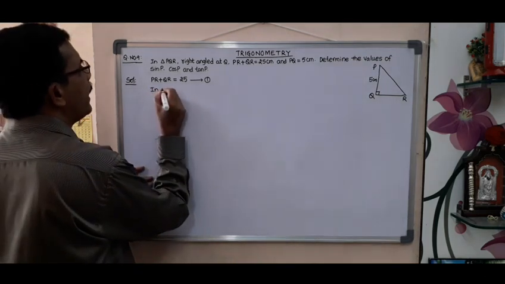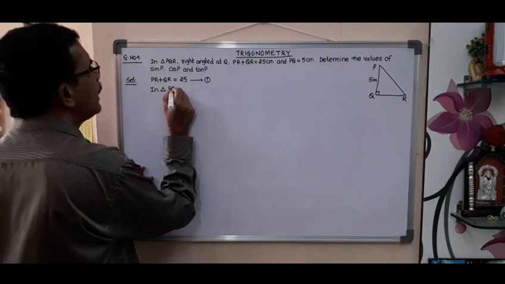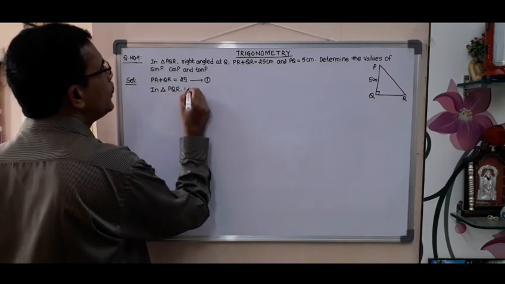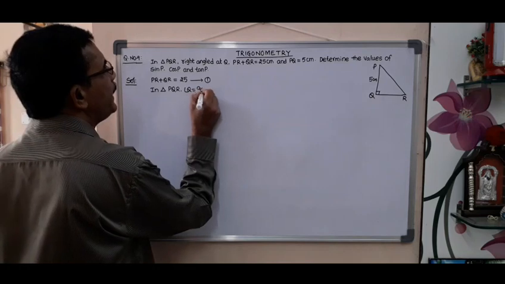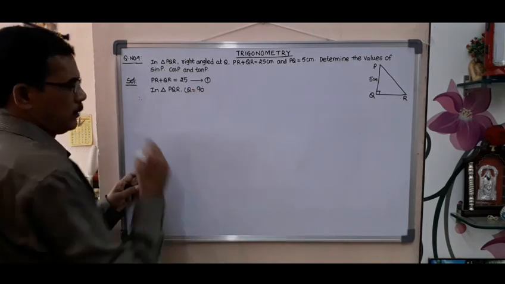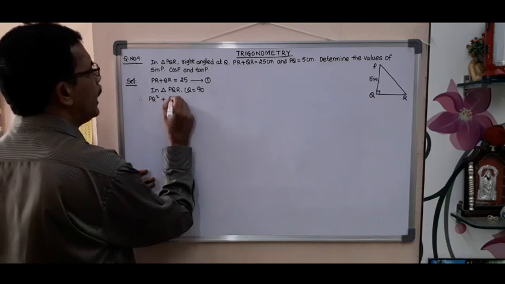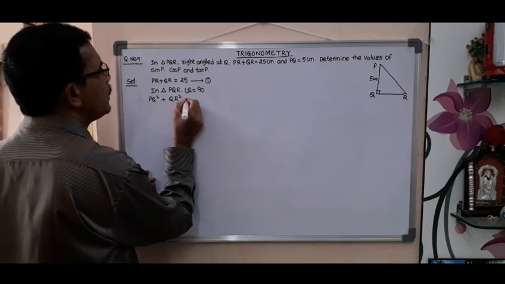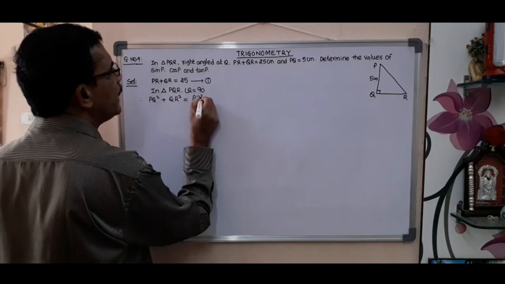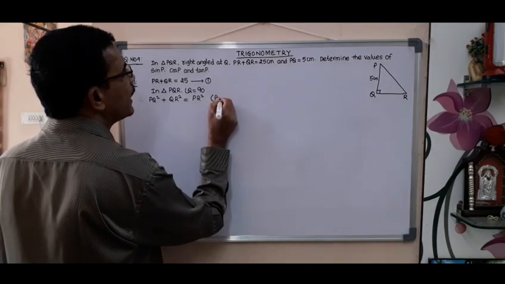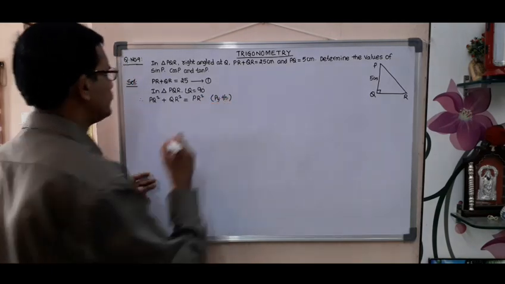In triangle PQR, angle Q is equal to 90 degrees. Therefore, PQ square plus QR square is equal to PR square. It is Pythagoras theorem.